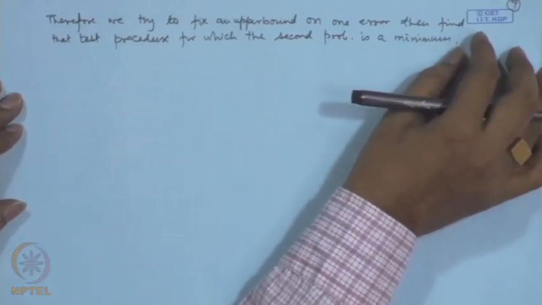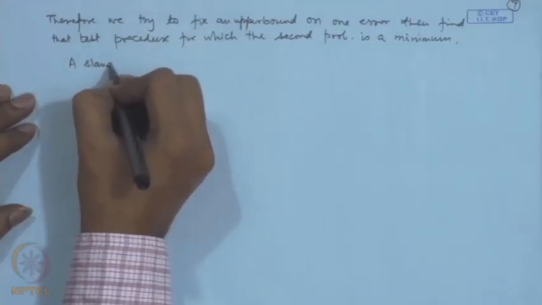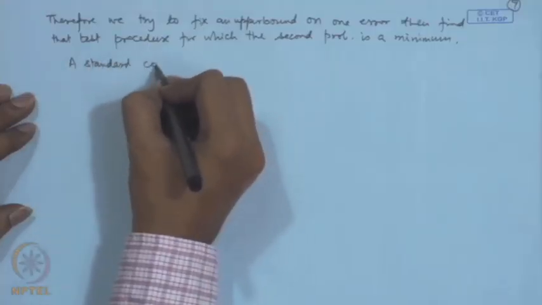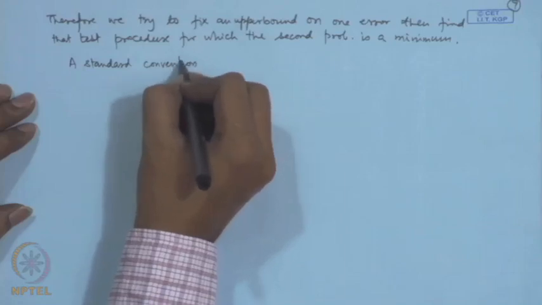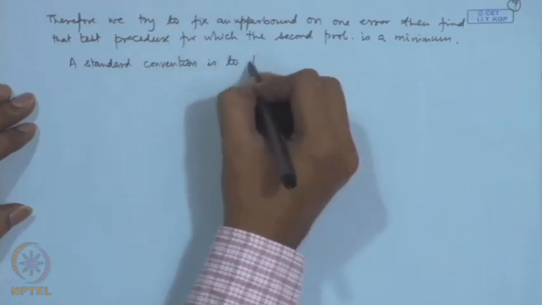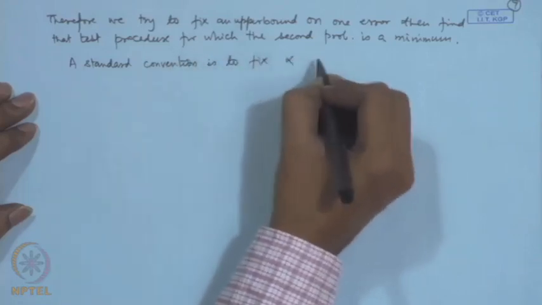So, a standard convention is to define the hypothesis in such a way that we consider the probability of type 1 error as more serious, and then we fix an upper bound to that. So, a standard convention is to fix alpha.